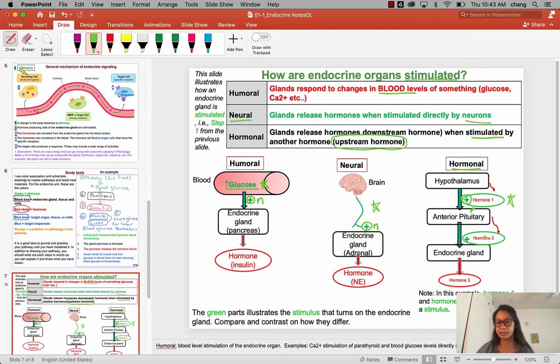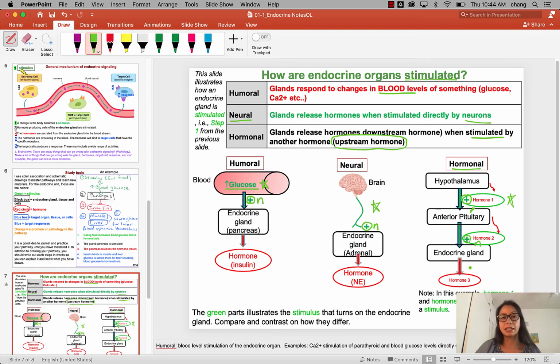Let's take a look at another example here. This can go on and on. When the pituitary gland here releases hormone 2, hormone 2's job is to turn on the next endocrine gland. So in this case, hormone 2 is a hormonal stimulus of the endocrine gland. Let me give you an example.